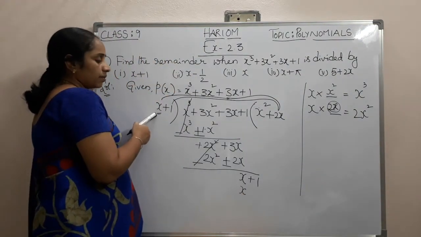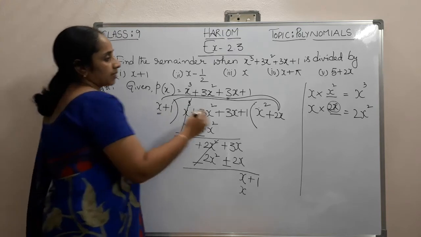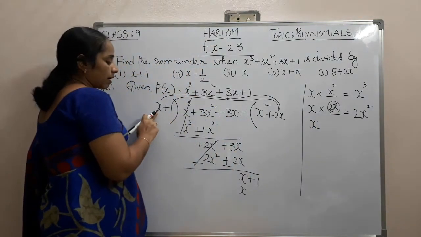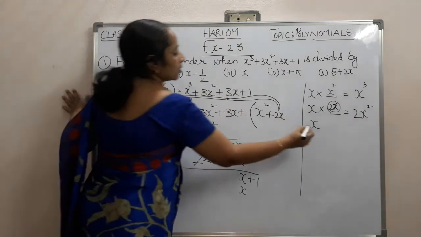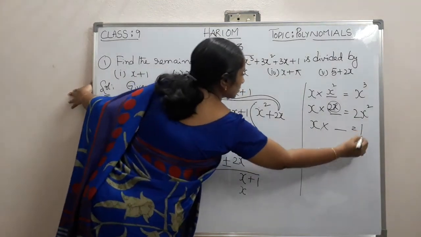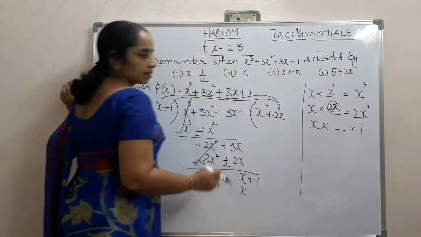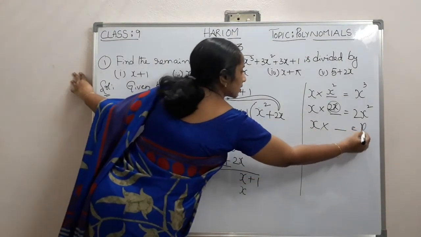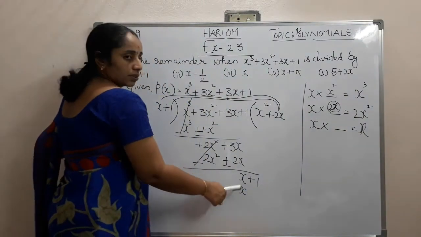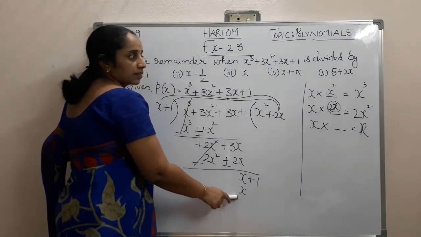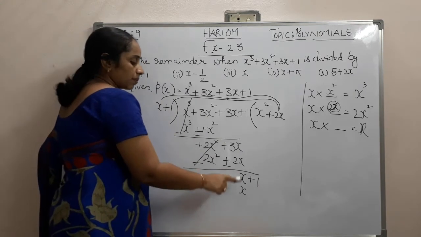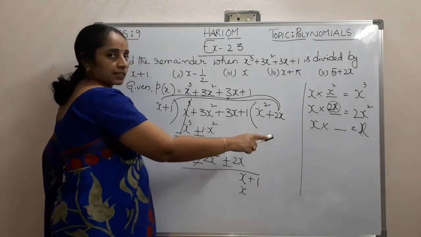By which number do you have to multiply x to get x?